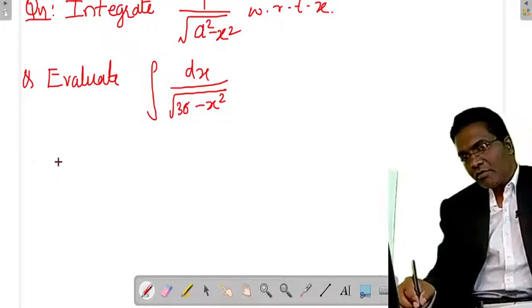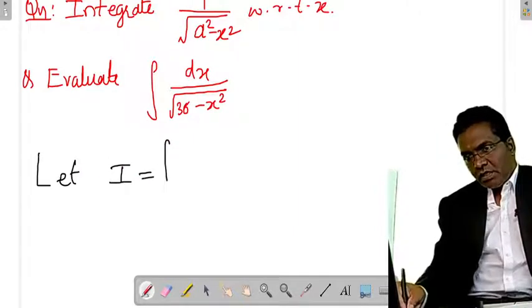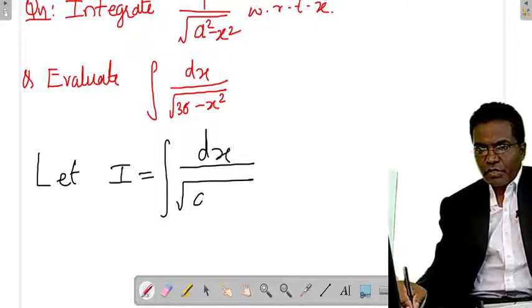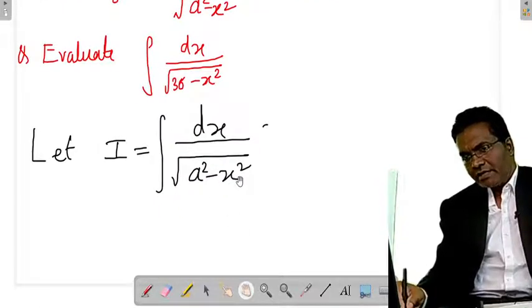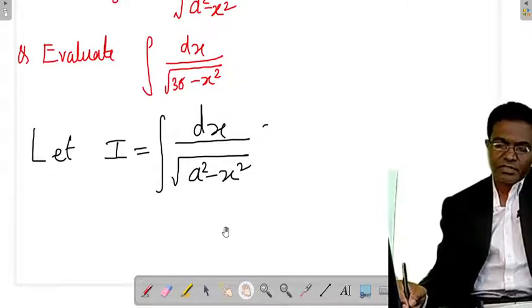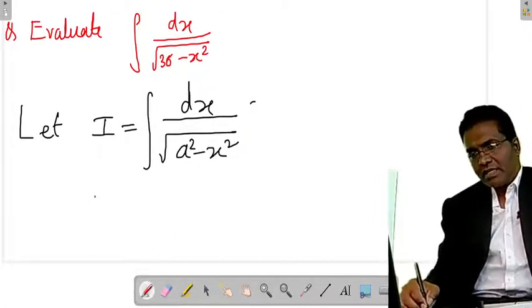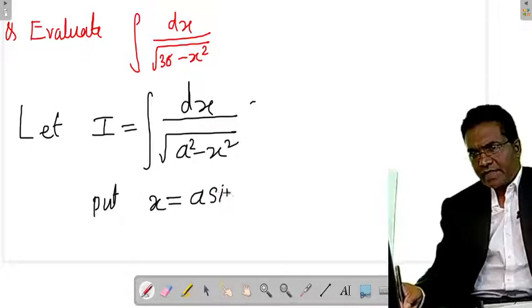So again you have to go for substitution. Let I is equals to integration of dx divided by square root of a square minus x square. Now whenever you get a square minus x square, bring in your mind 1 minus sine square, which is cos square. So here you need to substitute x is equals to a sine theta.